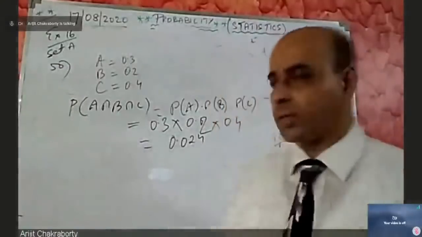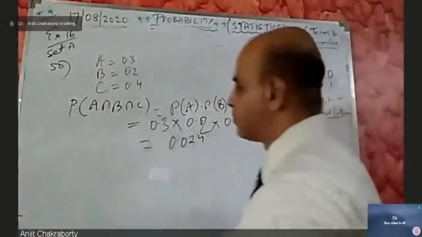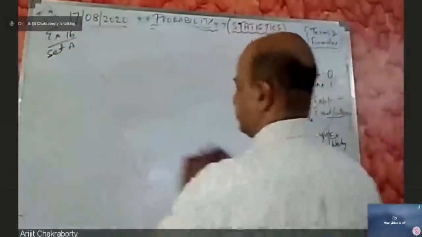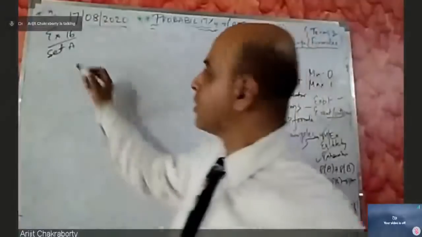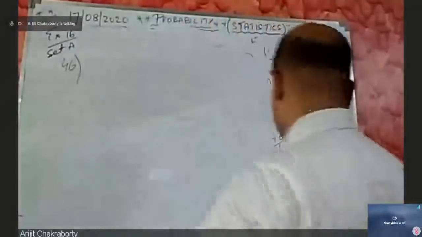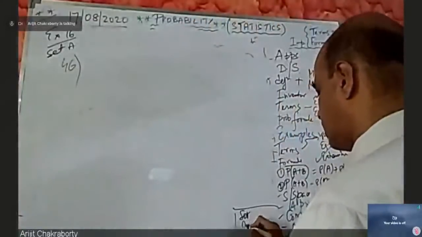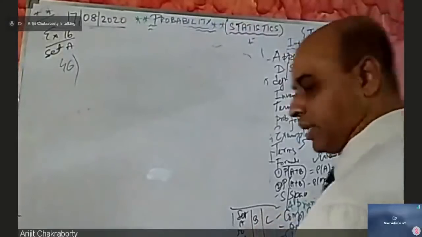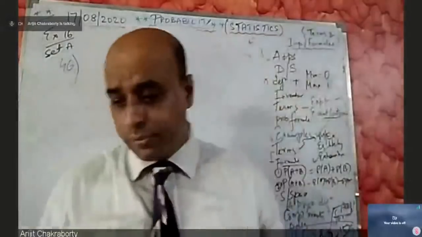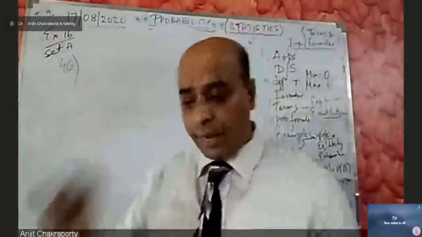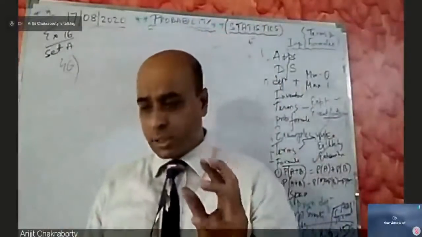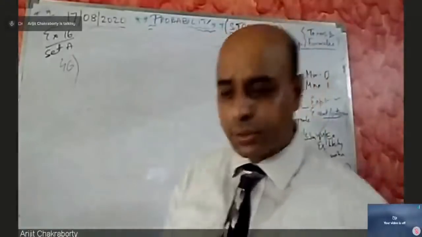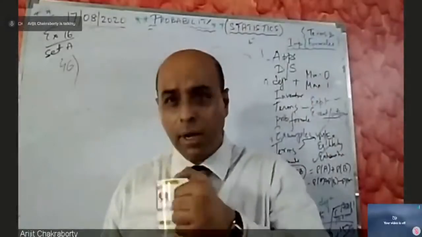I will take number 46. 46 is an interesting one. Probability of getting a head when two unbiased coins are tossed simultaneously. So you are throwing two unbiased coins.